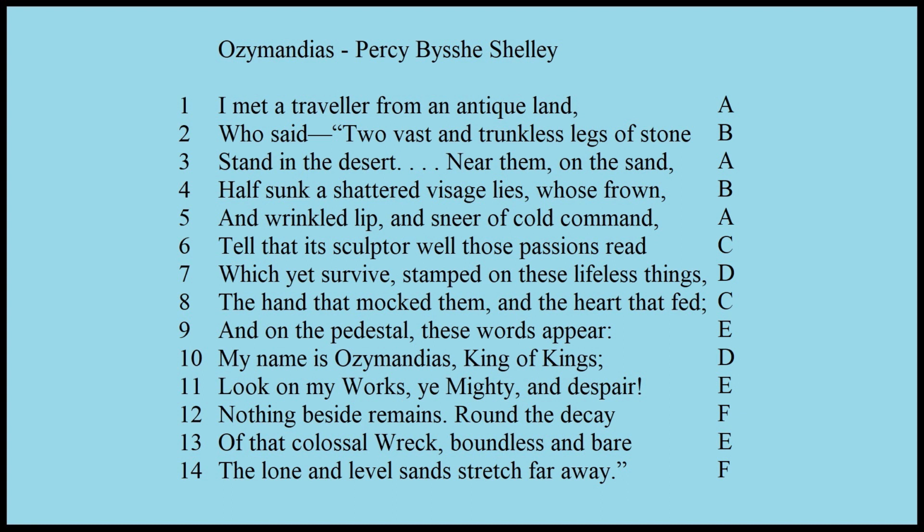This person, this king, Ozymandias or Ramses, had such power and saw himself as so powerful, but that got stripped away, and now there's nothing because time destroys all of our accomplishments. So that is an oppositional code that helps you to understand the meaning of the poem.